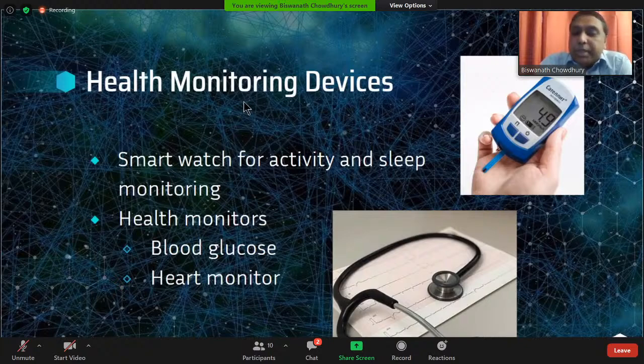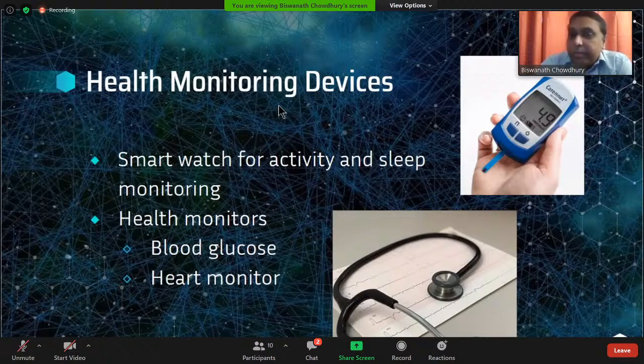Many new monitors can sync with the patient's smartphone, and it can help them and their healthcare provider to track the blood glucose and the heart rate. For example, the Apple Watch can notify you if it detects arrhythmia. It can help in preventing more serious underlying issues.